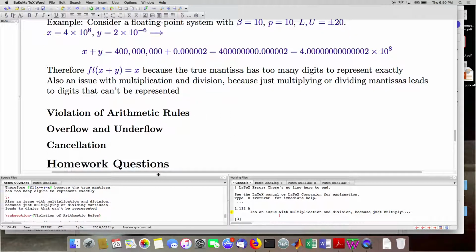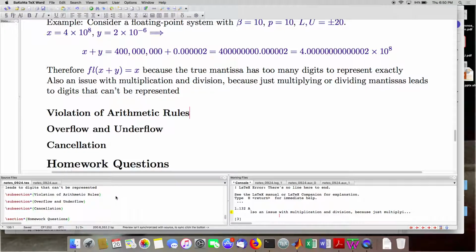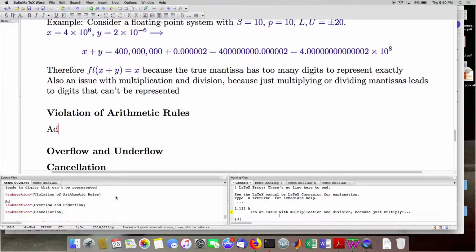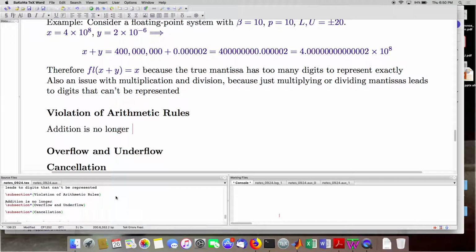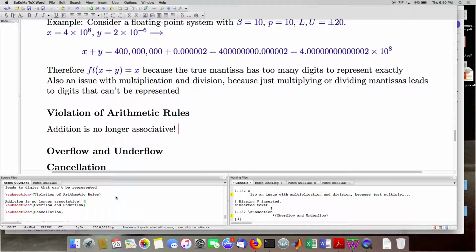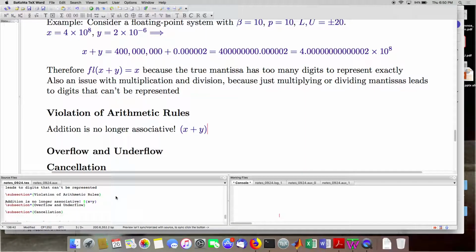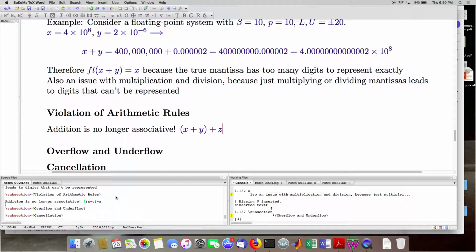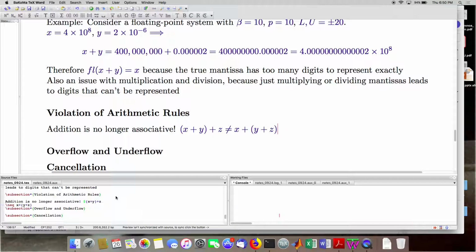A second issue: it is something that we generally take for granted with arithmetic, and we cannot anymore. So addition is no longer associative. Normally, if you take x plus y, compute that sum first, and then add z to it, that is the same as x plus y plus z.